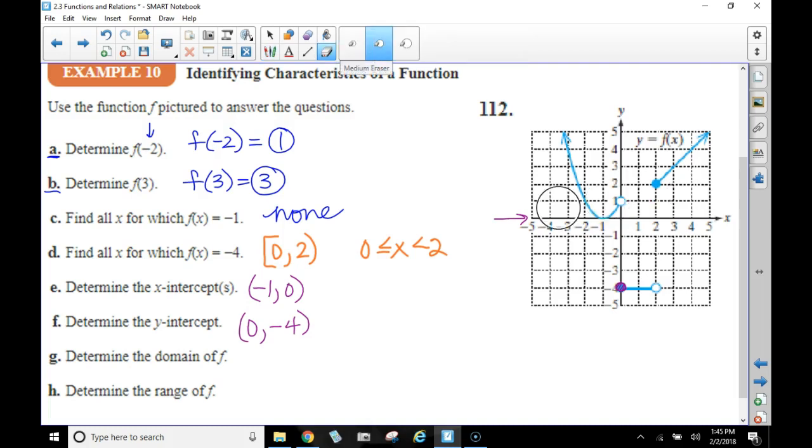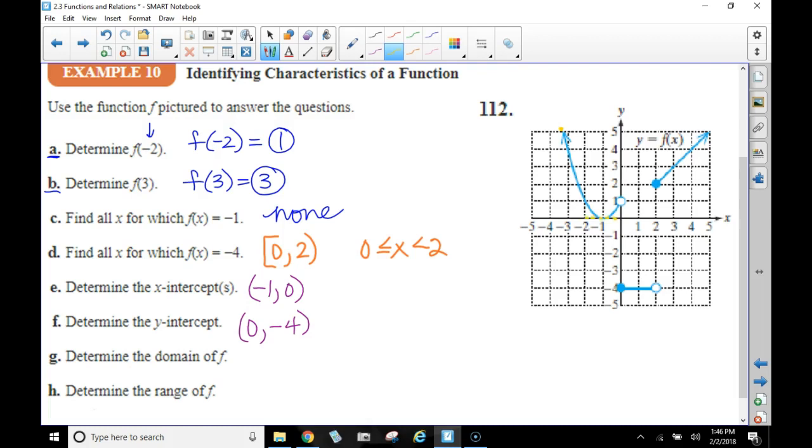I'm going to clean this up again. Then we'll discuss what is the domain of our function. Remember, the domain of our function was the set of all x values for which the function was defined. Or I like to say where we have action occurring for our x values. Because of this arrow right up here, this is going to keep on going up and to the left.